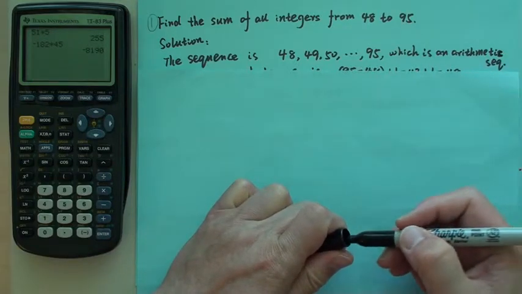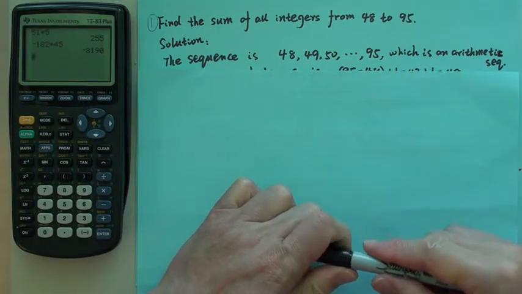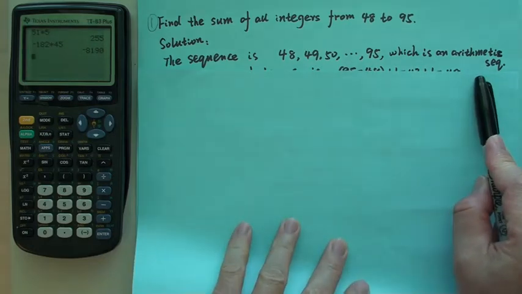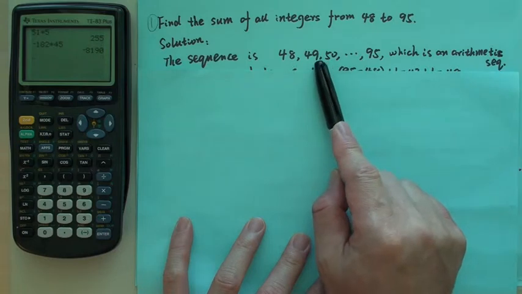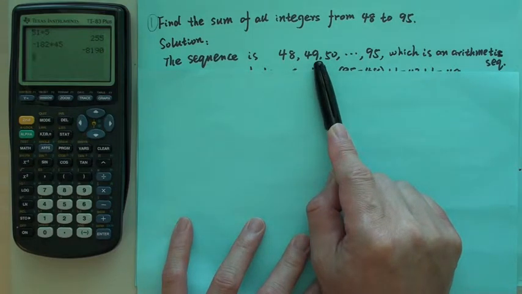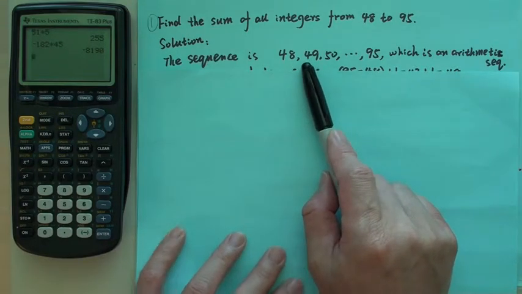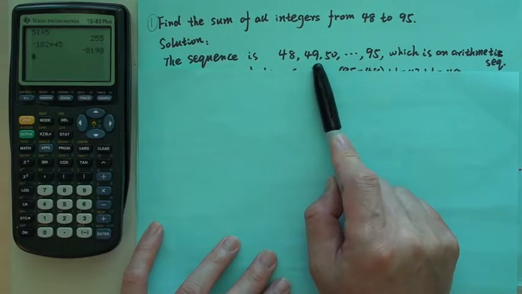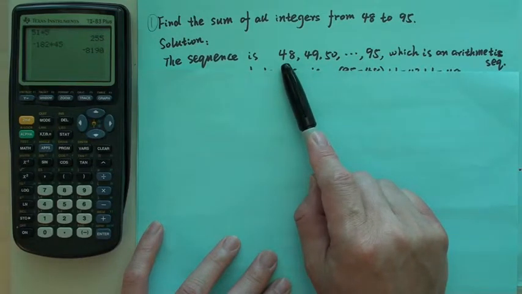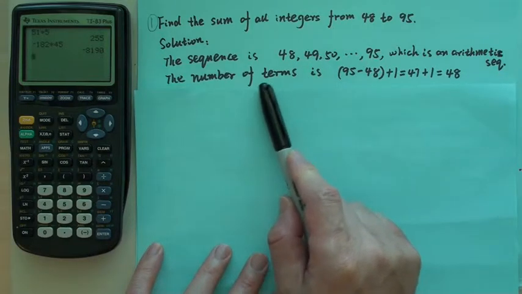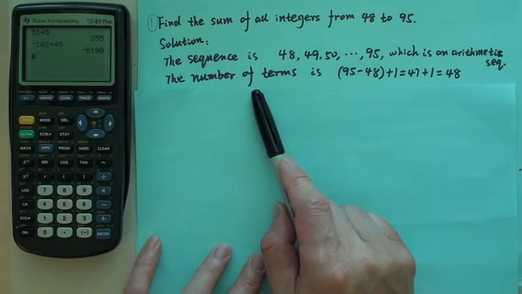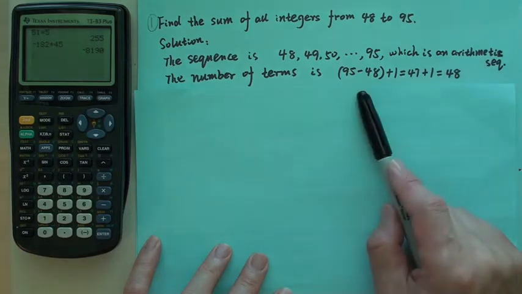If it's an arithmetic sequence, then you should have a common difference. The common difference you can always find is the second one minus the first one. But down here we don't really need to find that.